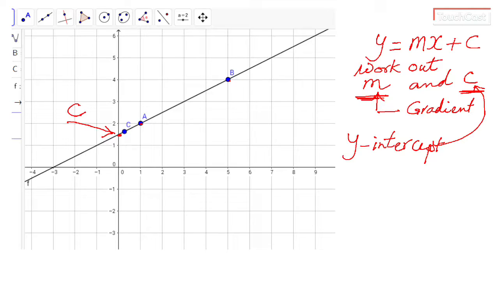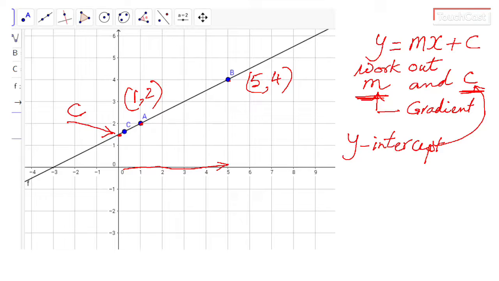The coordinate of this point is 1 across, 2 up, so I'm going to write it as a coordinate. And B is 5 across and 4 up. So this is how we write it: 5, 4.